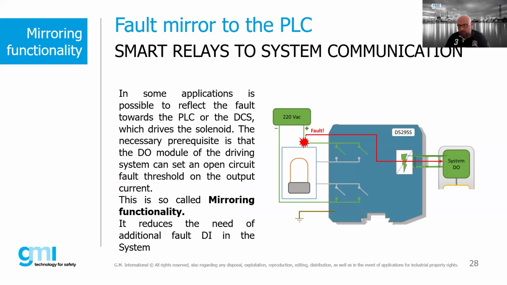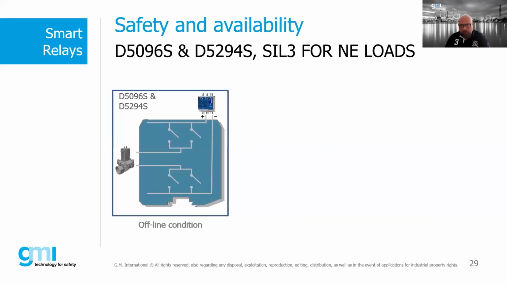Let's define, in the next slide, a couple of words. Safety means the demand for functional safety, SIL, based on IEC 61508 and IEC 61511, the safety standard for the process industry. A device can be considered safe if able to perform a certain function when it is required.